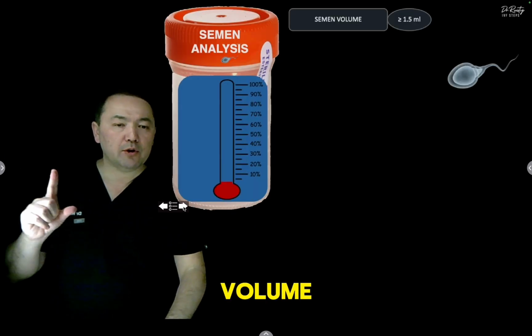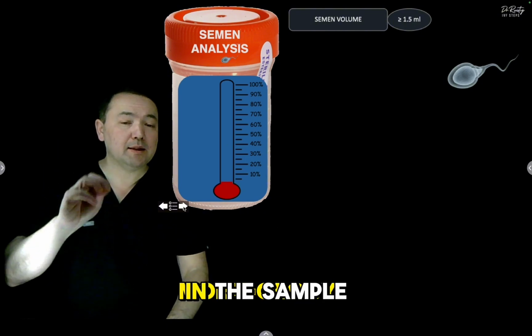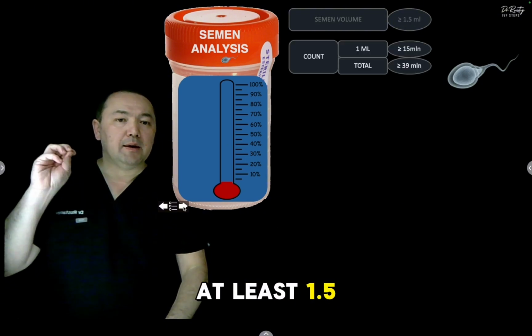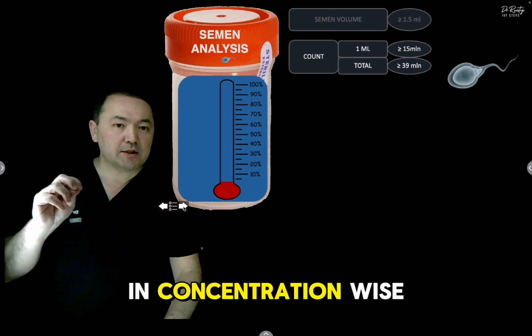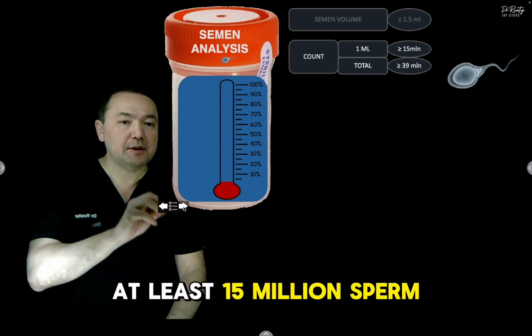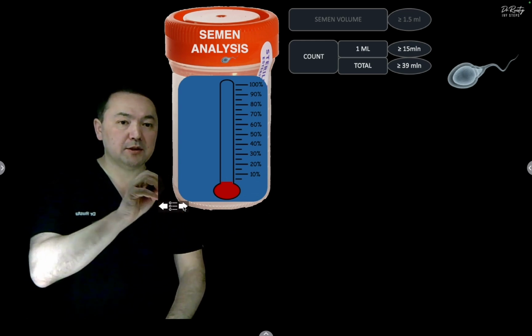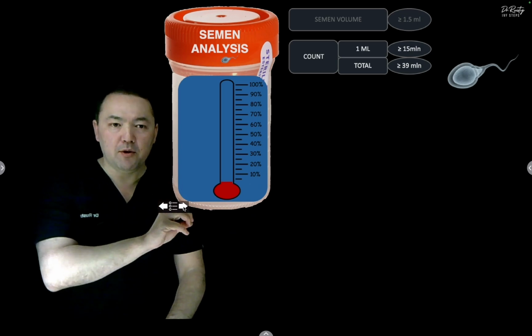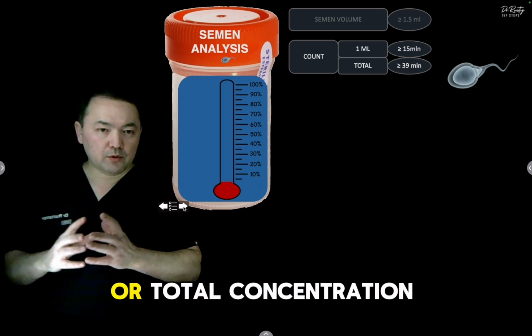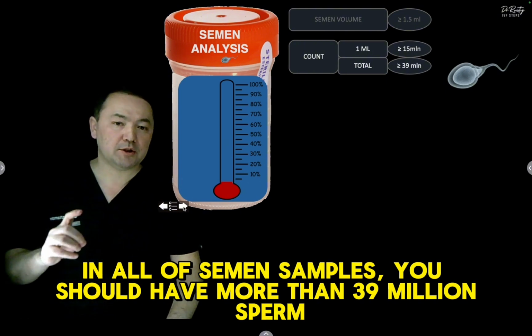In terms of volume, you should have at least 1.5 ml of semen in the sample. Concentration-wise, in 1 ml of semen, you should have at least 15 million sperm, or the total number in the whole semen sample should be more than 39 million.